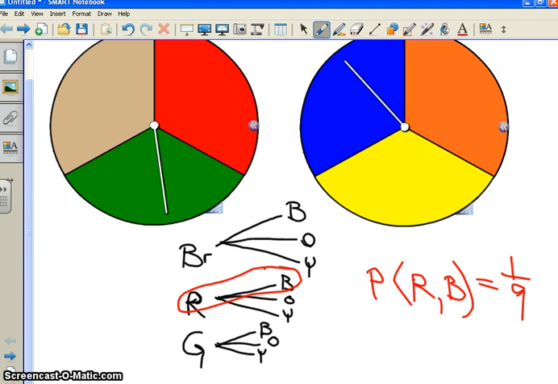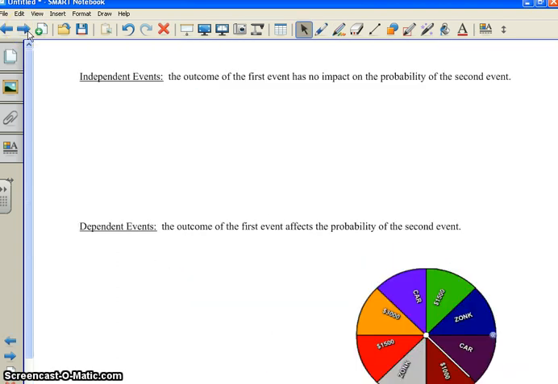I can say the probability of spinning red on the first spinner is 1 out of 3, and the probability of spinning blue on the second spinner is 1 out of 3, and if I multiply those 2 probabilities together, I get my total probability. And this is called the multiplication rule.